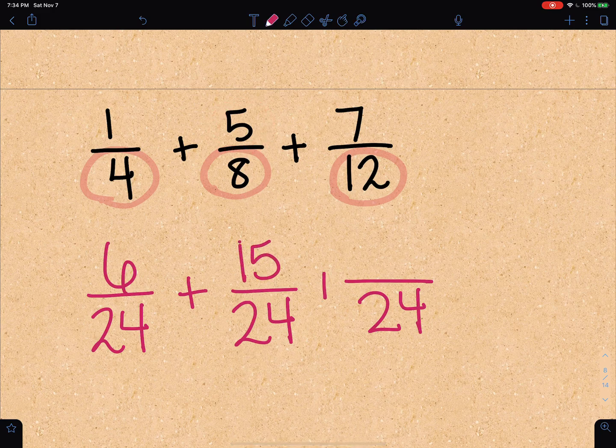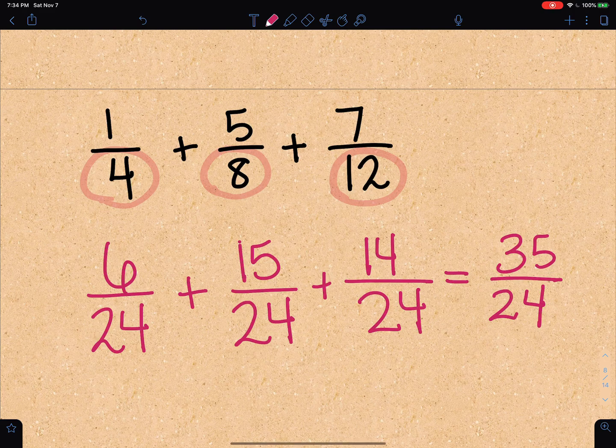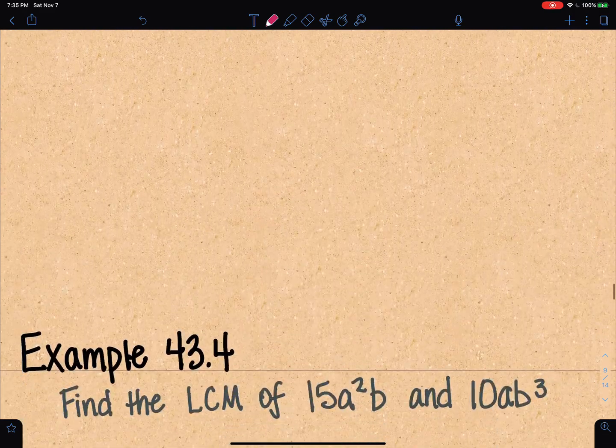Easy peasy so far, right? So, how do I turn 7/12 into something over 24? I have to multiply 12 by 2 to get 24, so I have to multiply the numerator by 2, and that's going to be 14. Now I'm going to add 6 plus 15 plus 14, and I'm going to get for an answer 35 over 24. All right, easy peasy, right?